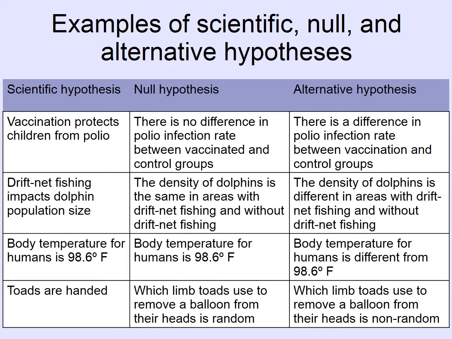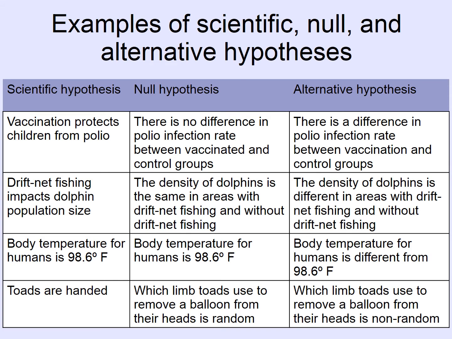Here's some examples of scientific, null, and alternative hypothesis, okay? And what becomes our statistical test hypothesis, the one that we're going to use our data to derive support or not support for, is around that null. Hang on to that. We'll keep building. Let's just focus on our polio example here, and you can read the other ones. Okay, our scientific, it should protect them.